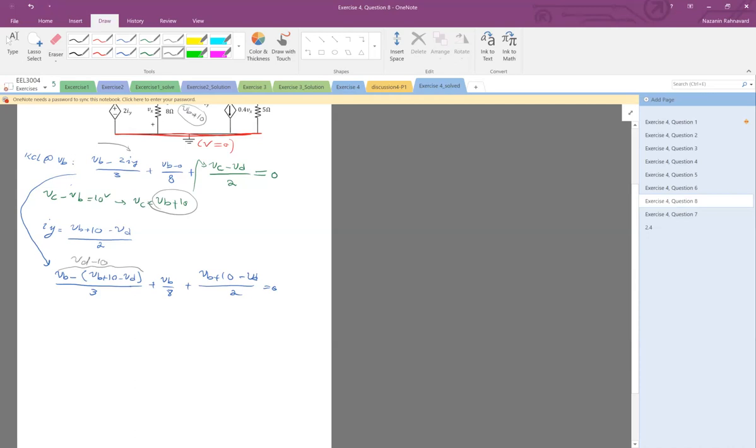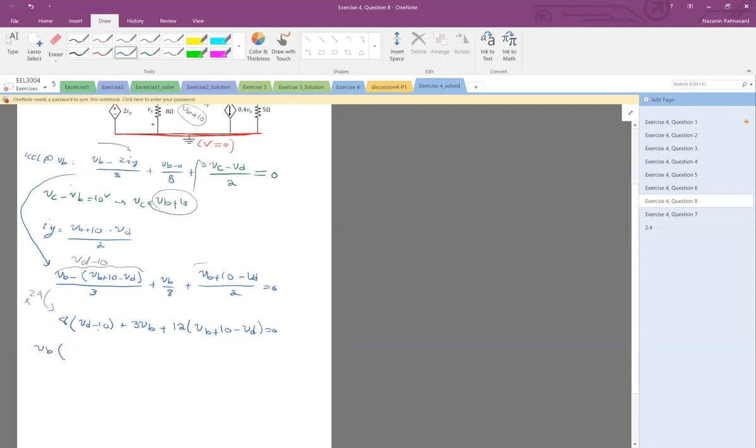To get rid of the fractions, let's multiply the whole thing by 24. The first term is 8 times VD minus 10, plus 24 times this becomes 3VB, plus 24 times the third term, 12 times VB plus 10 minus VD, equal to 0. So just arrange that.